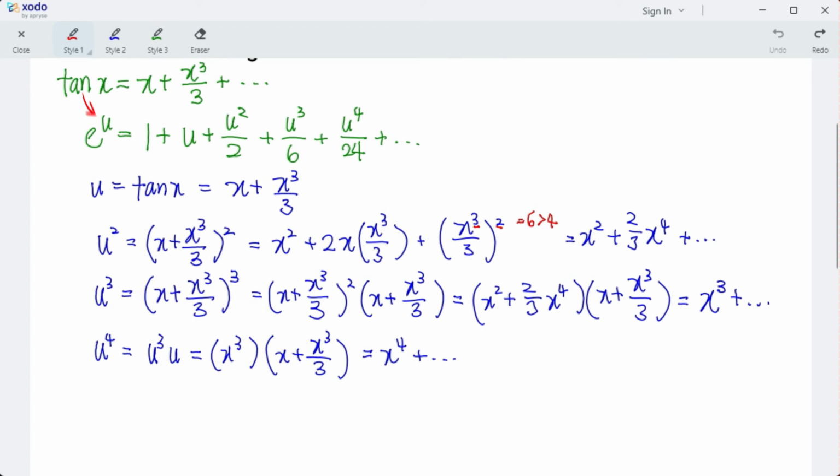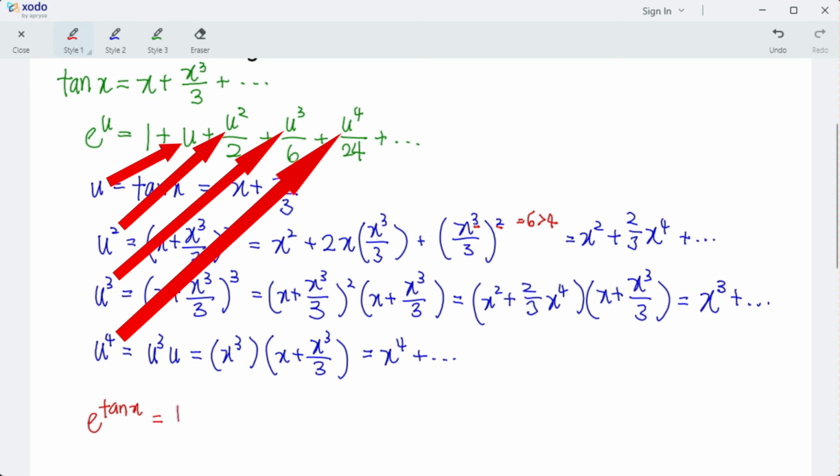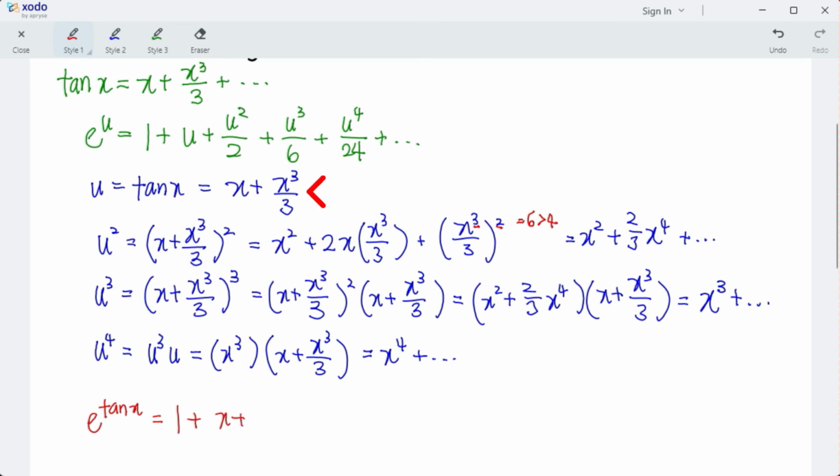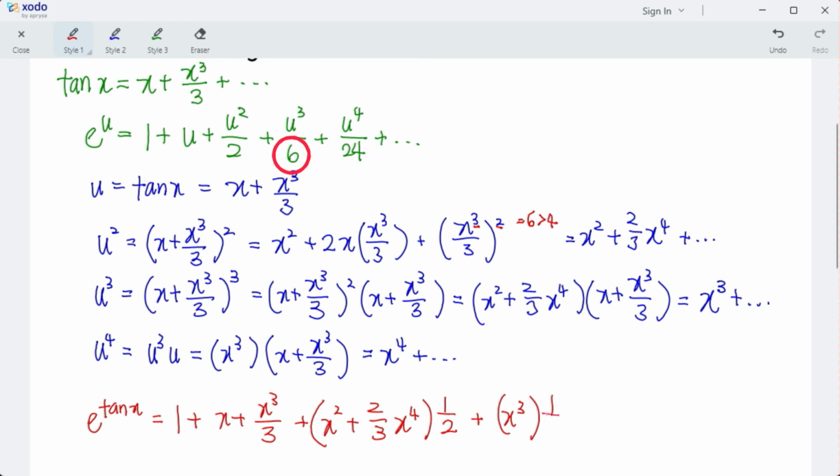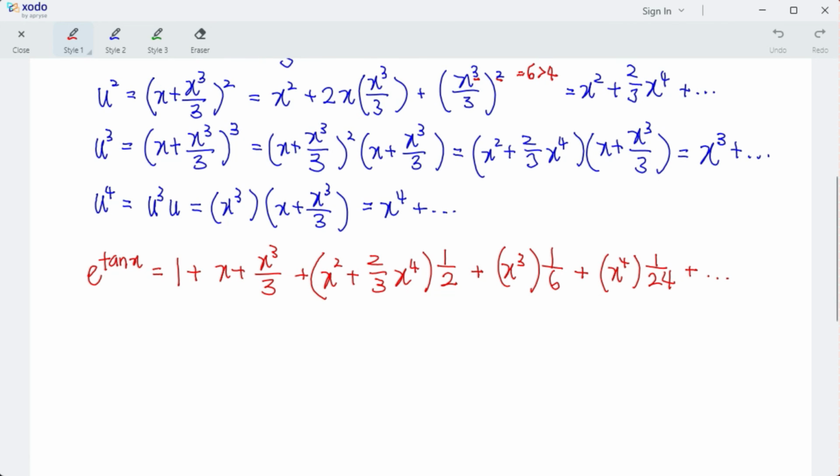Now replace u with tangent x. So substitute accordingly. We have 1 plus (x plus x cubed over 3) plus (x squared plus 2 over 3 x to the power of 4) multiplied by 1 over 2 plus x cubed multiplied by 1 over 6 plus x to the power of 4 multiplied by 1 over 24 and so on. Expand and simplify.